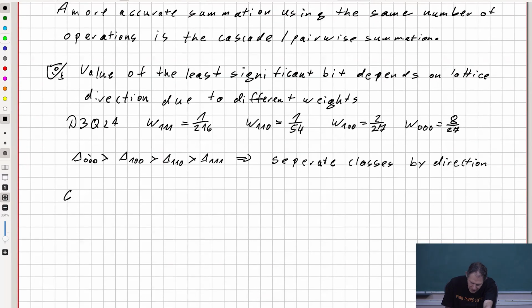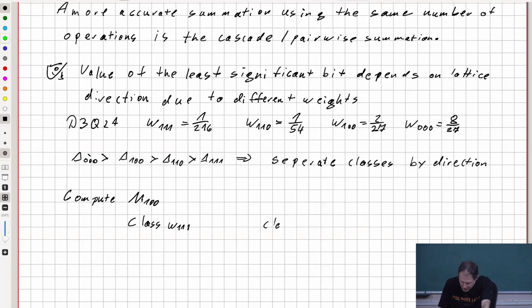So now let's see how we would compute M10 with the same number of operations, but more accurately. Say we'll look at the classes of all the populations that come with W111.